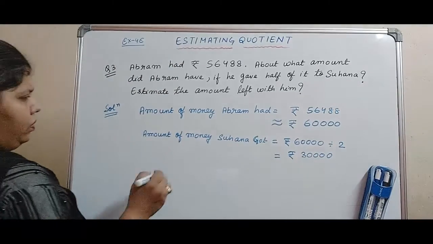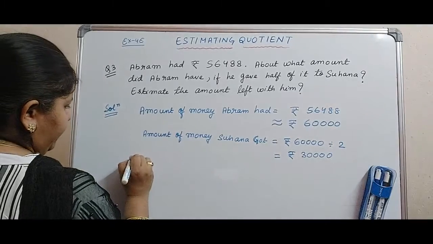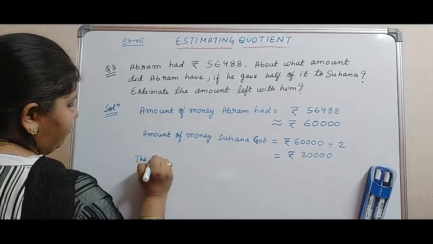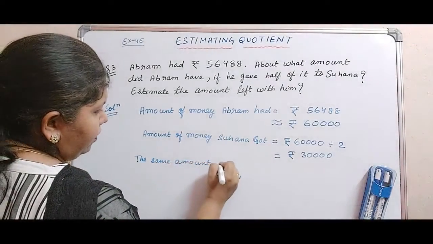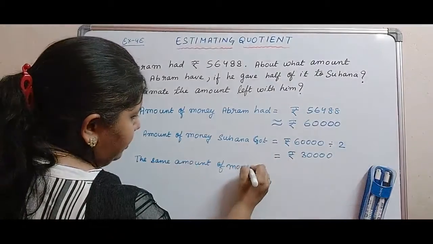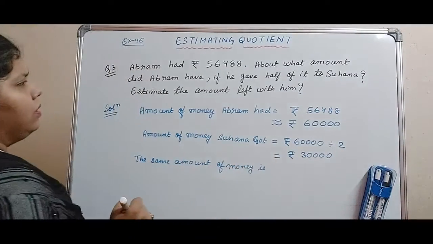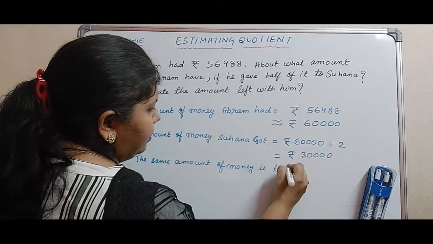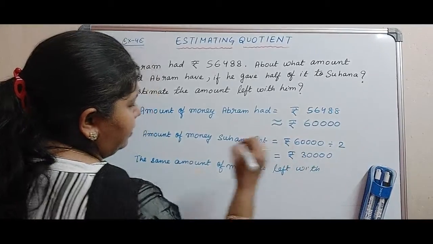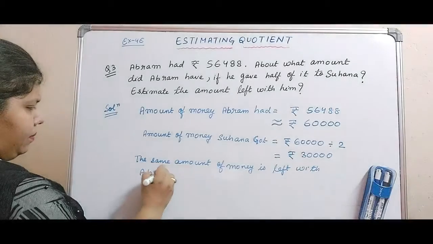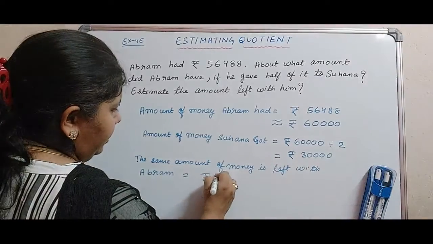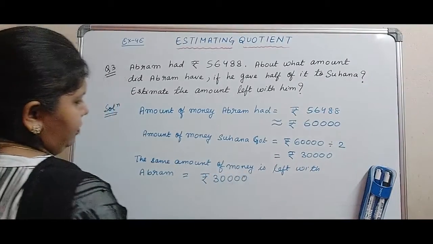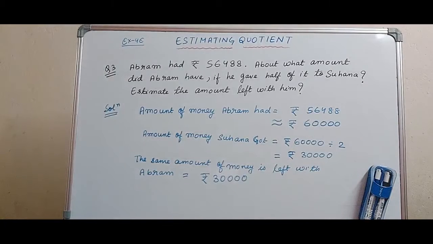So the same amount of money is left with Abraham, equal to rupees 30,000. Okay, so this is your final answer.